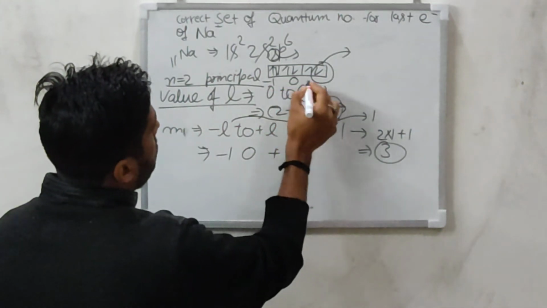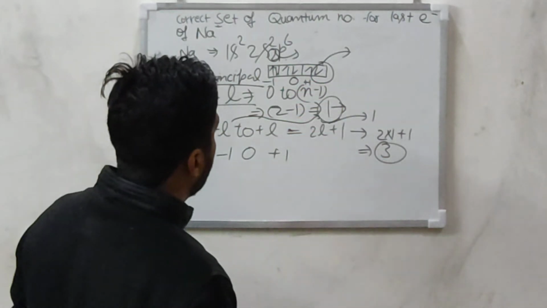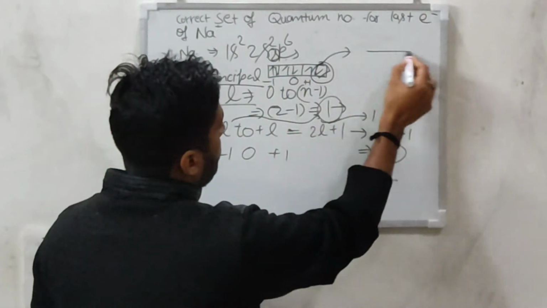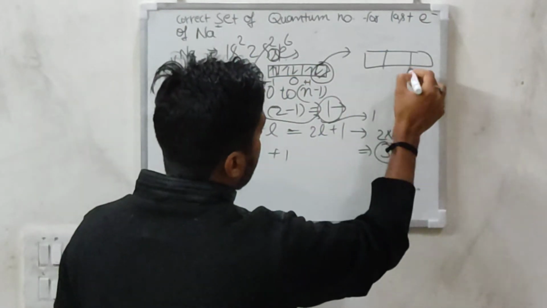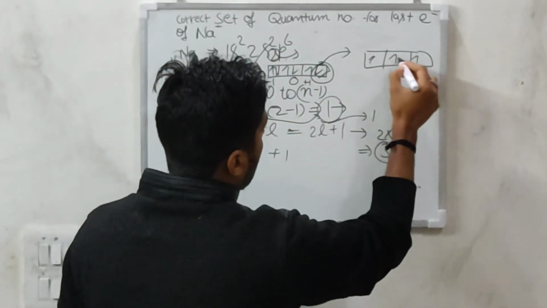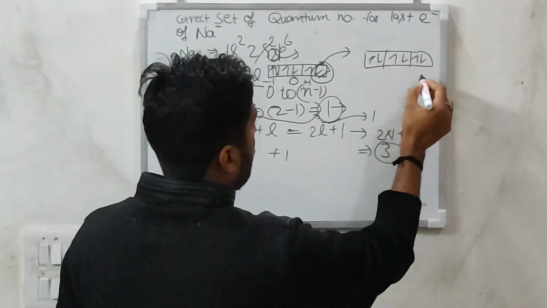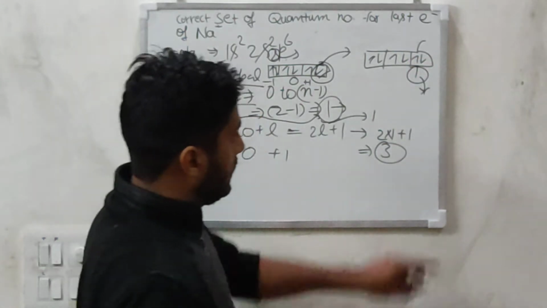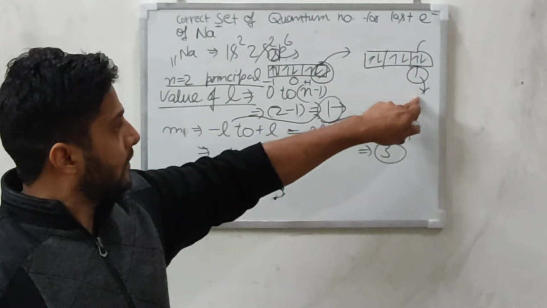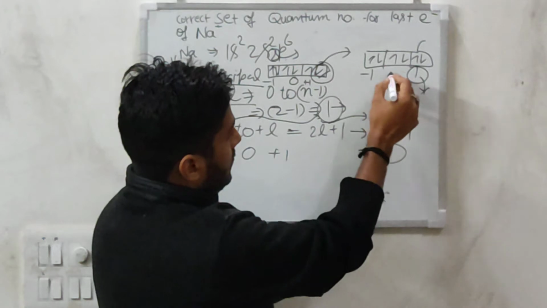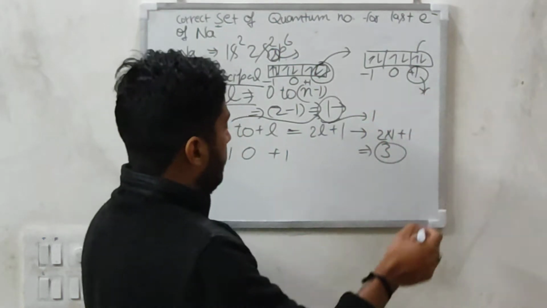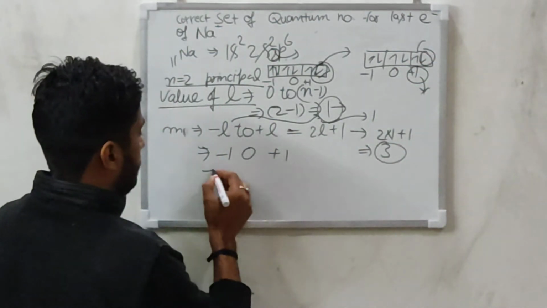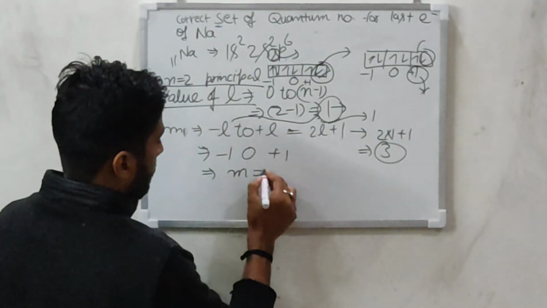This electron lies in the plus 1, so the value of m for this particular electron is plus 1.